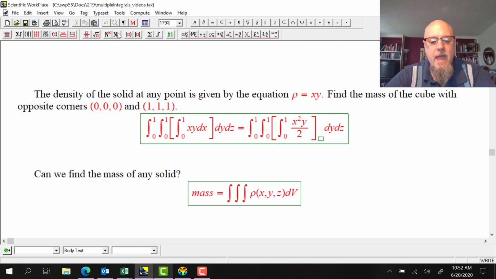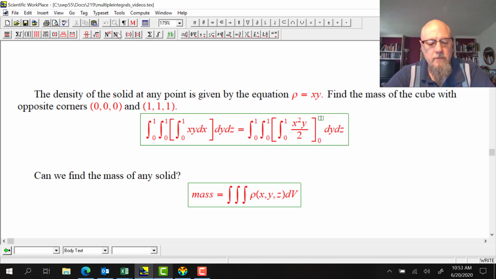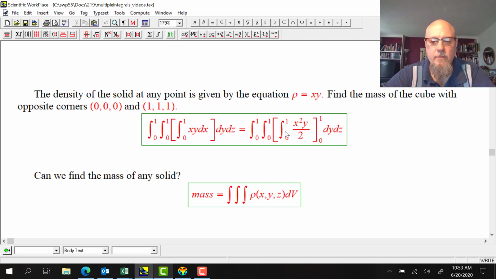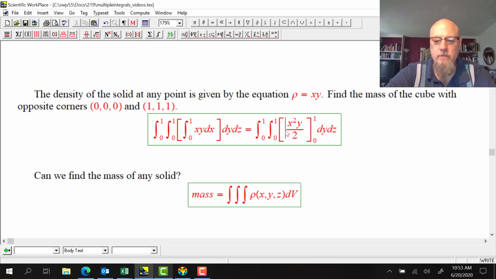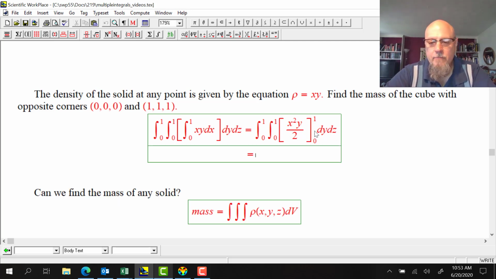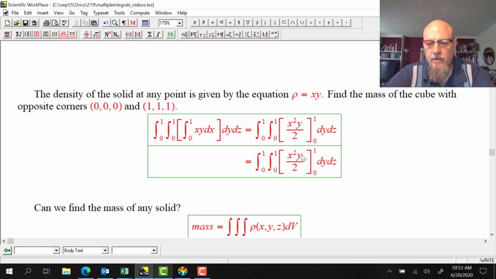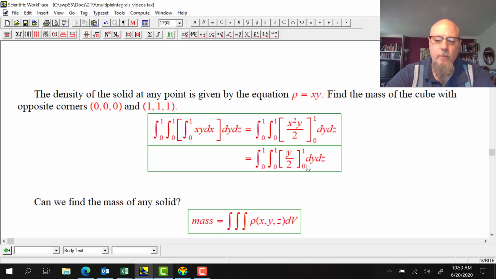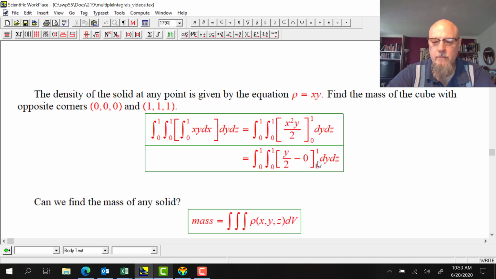And we're going from x equals 0 to x equals 1 because we're talking about this unit cube here. So now that's going to be sub in the top for x minus sub in the bottom. So when we sub in x equals 1 minus when we sub in 0, you'll get a minus 0 there.